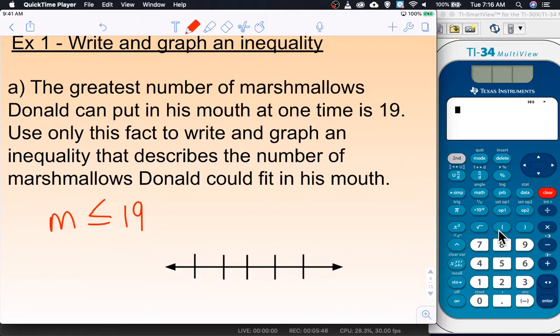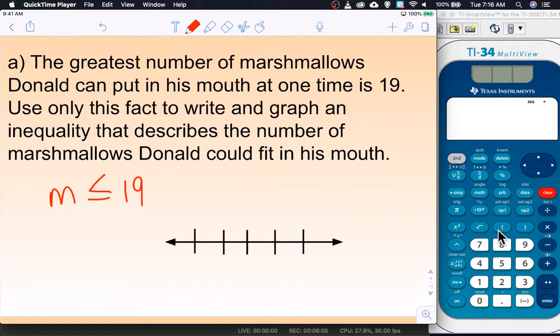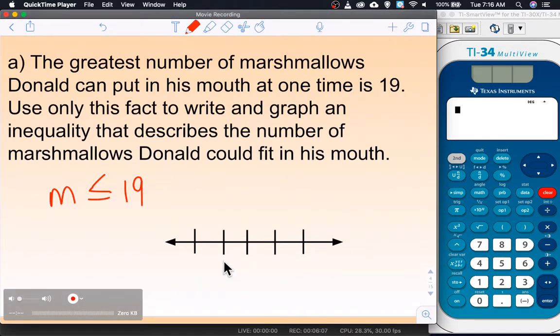Now, every single inequality gets a graph, because we don't just have one number as a solution, we have usually an infinite number of answers. And so the graph goes along with that. So my graph looks like this. Here's how I do this. This little number line I have made here has 5 lines on it.